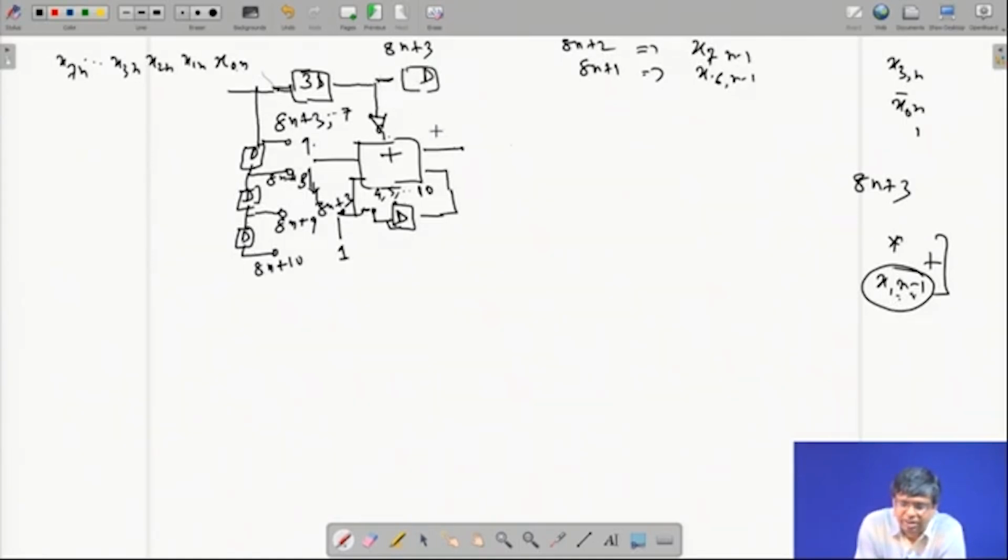If I delay it by just one cycle, then at 8n plus 3 I have got x0n here, and here I will have the data which came a cycle ago at 8n plus 2, which is x7n minus 1. But I am not interested in x7n minus 1, I am interested in x1n minus 1.